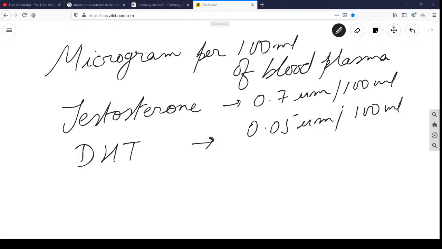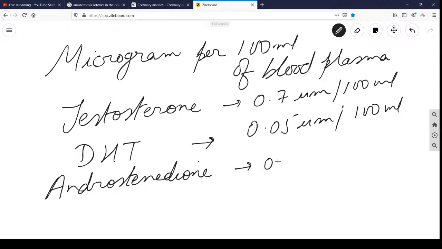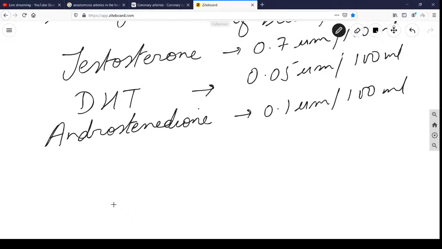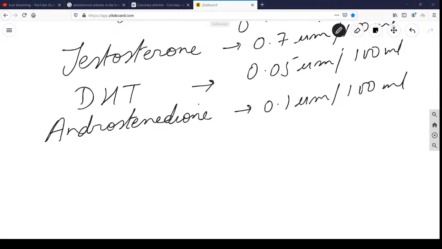Then androstenedione will be 0.1 only. These are all testosterone-like ones, but they have differences in function. When you reach the doctor level, you will know the difference, or if we discuss somewhat later down the lane, I'll explain their functions as well.